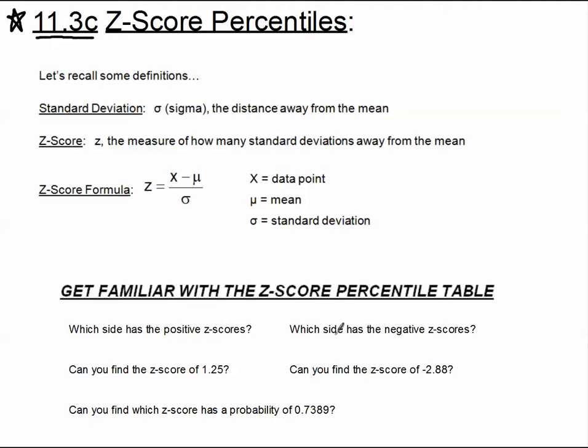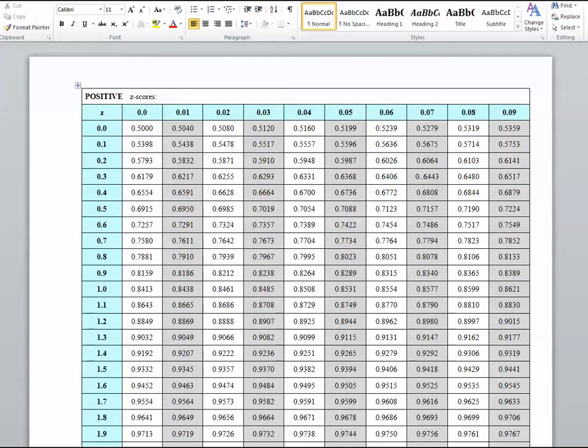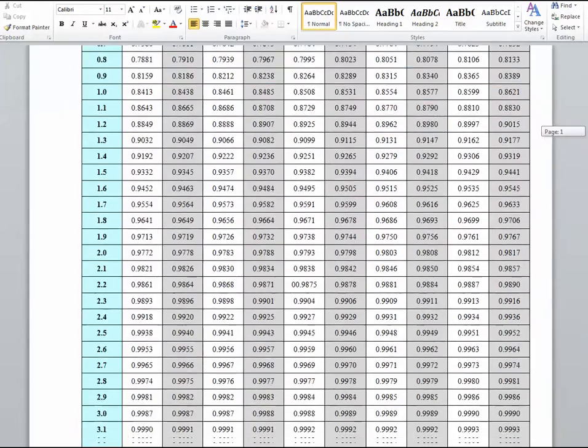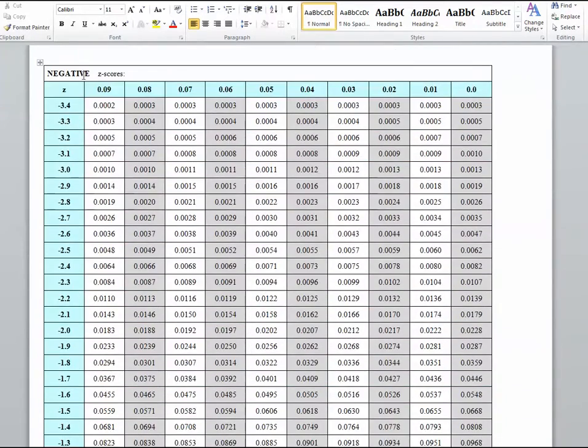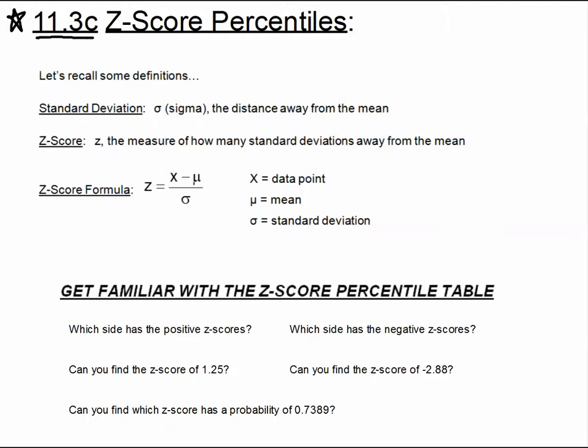And my second question, which side has the negative z-scores? Well, obviously, if you flip your piece of paper over, you're going to have the negative ones. I'm going to scroll down, and you'll see on the other side, of course, the word negative says that we have our negative z-scores.